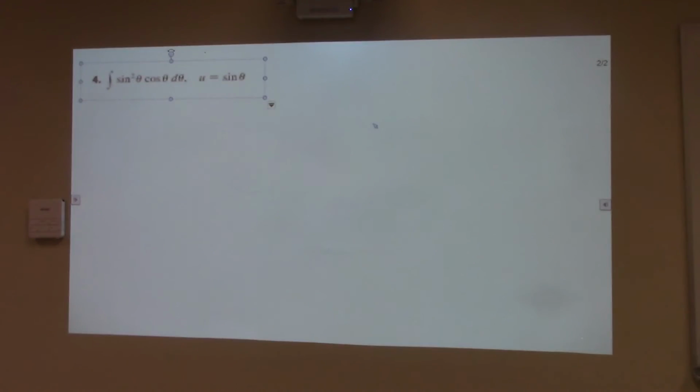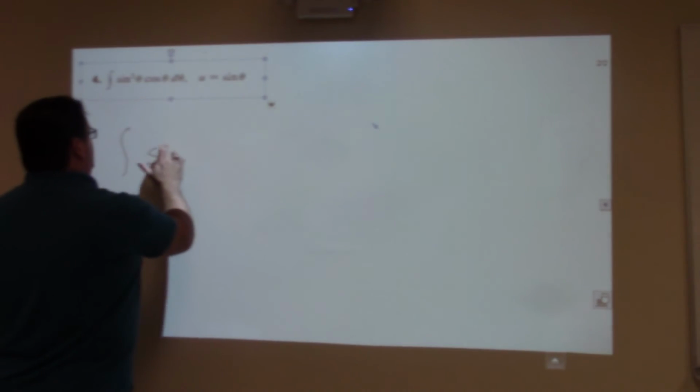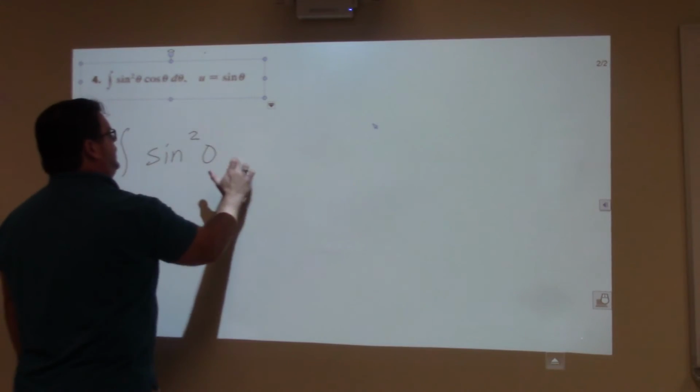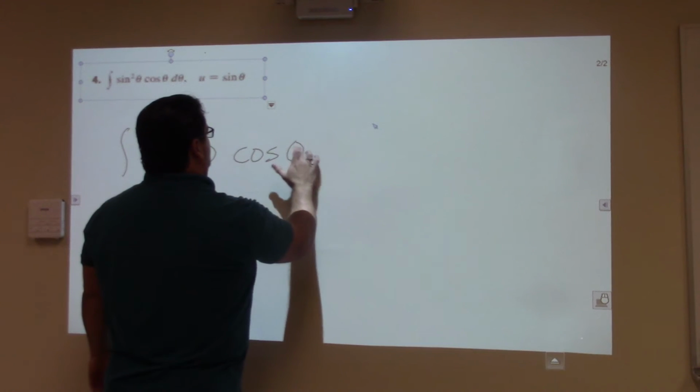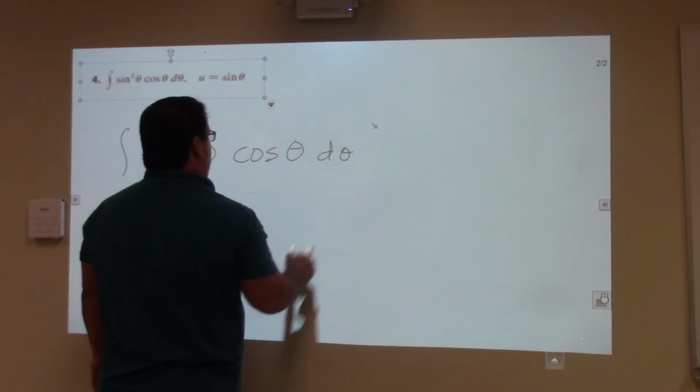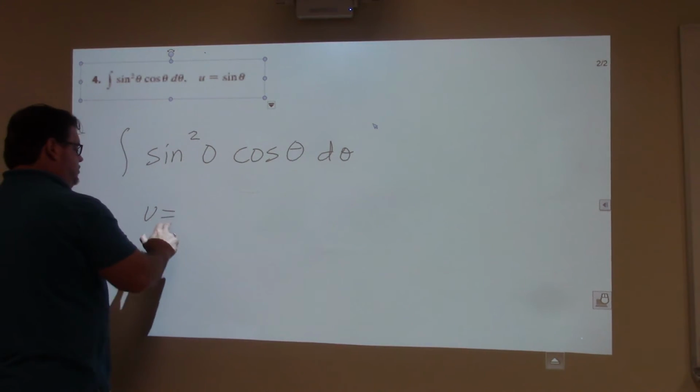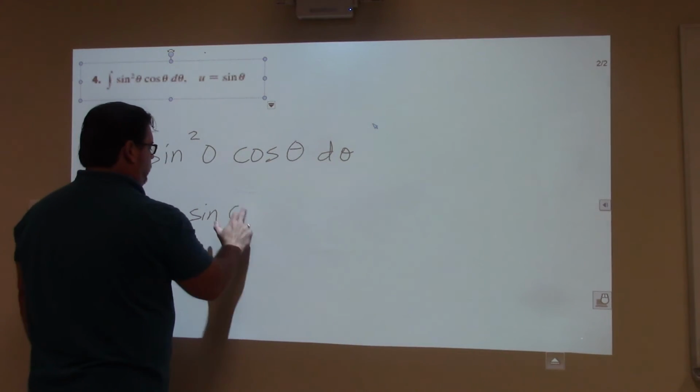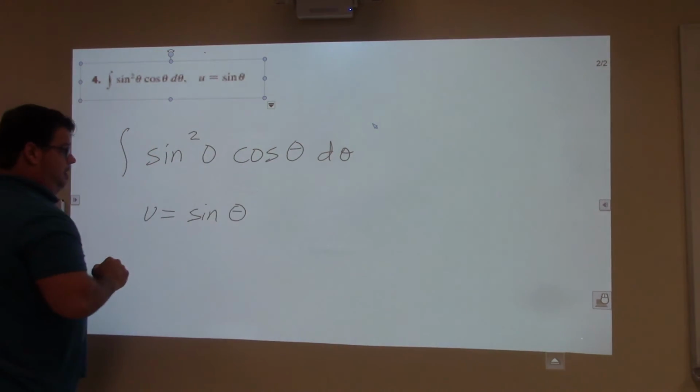All right, so u is equal to the sine, so du is equal to what? Cosine. So we already have u du. Antiderivative of sine squared theta cosine theta d theta. U is equal to sine of theta. That's what it says.